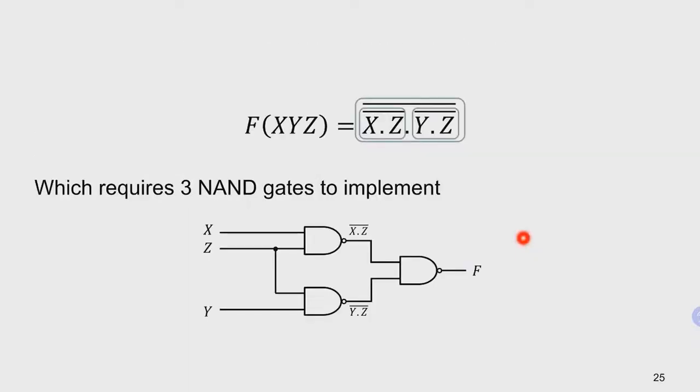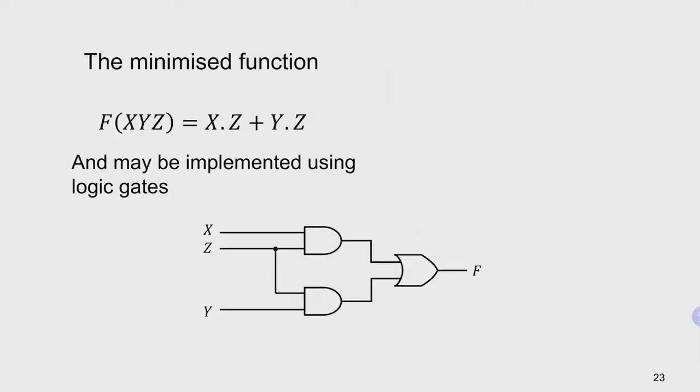That's indicated here. So one of these is a NAND gate, and then another NAND gate, and then overall another NAND gate. So for the same minimized functions earlier on that were implemented using AND gates and OR gates, I'm sure from the laboratory you know that to do this requires 2 different chips.